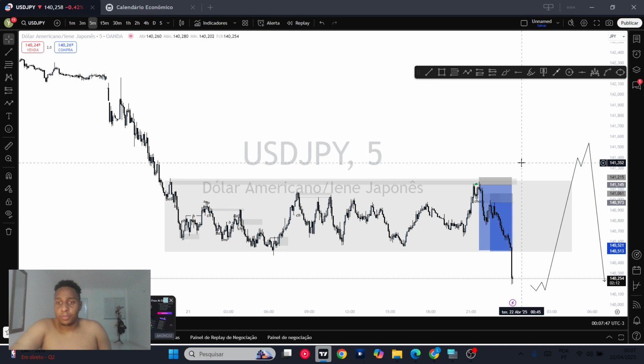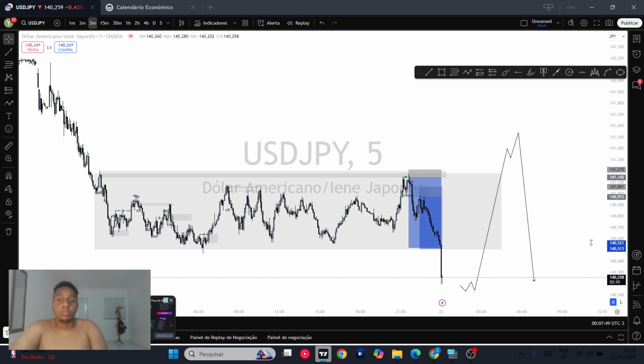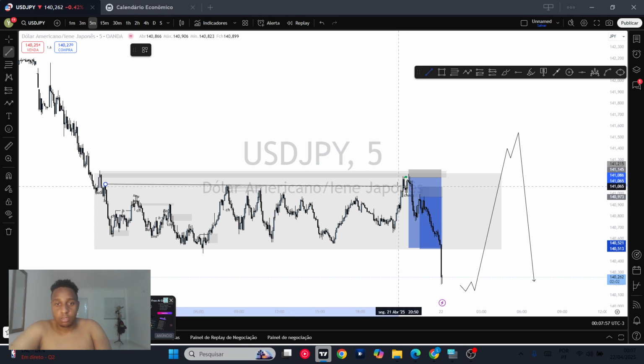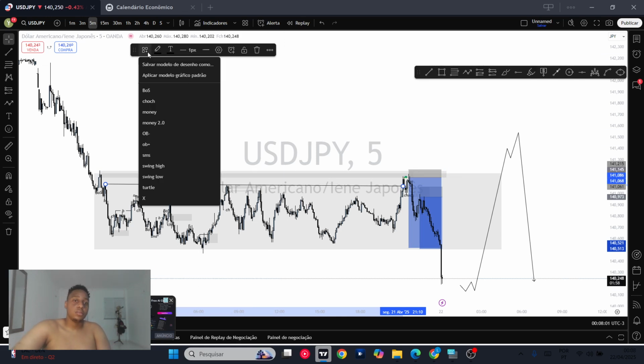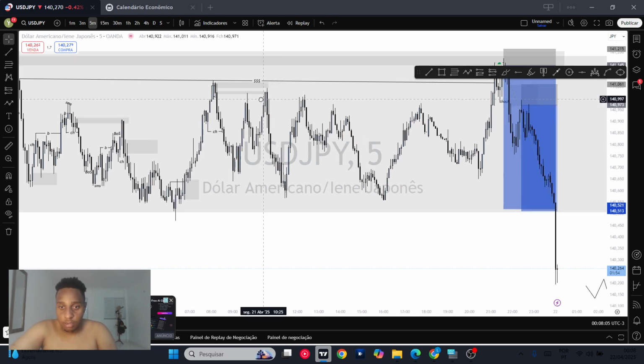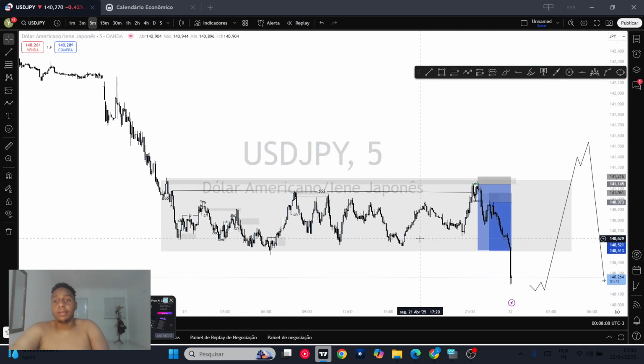But price can easily continue to the downside because it took out every liquidity that was there from year to year. There was a lot of liquidity, so price took out all this liquidity and then price went down.